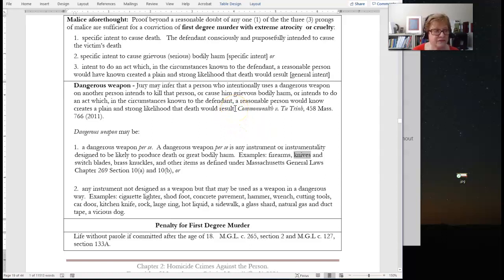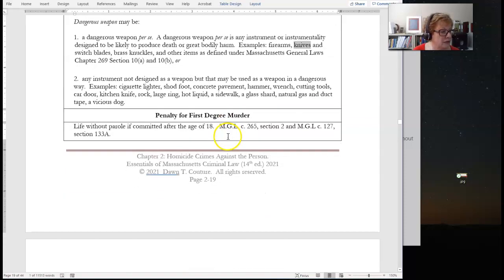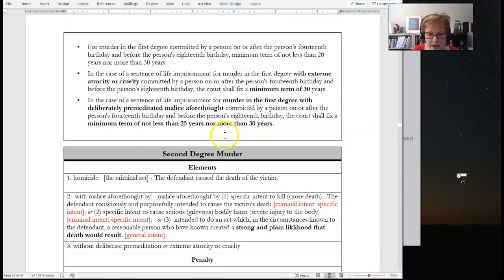So the presence of that knife helps the prosecution establish malice aforethought, either by specific intent to cause death, specific intent to cause grievous injury, or intent to do an act which, under the circumstances, a reasonable person knows created a plain and strong likelihood of death.